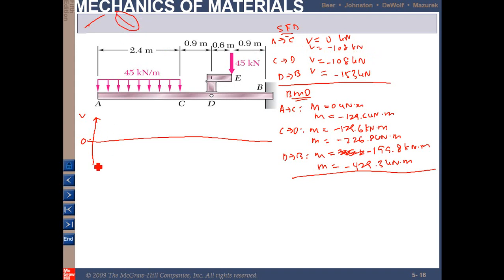So let's say this is minus 108. So C is here. So this should be like this. No, I'm sorry, wait, how to erase?